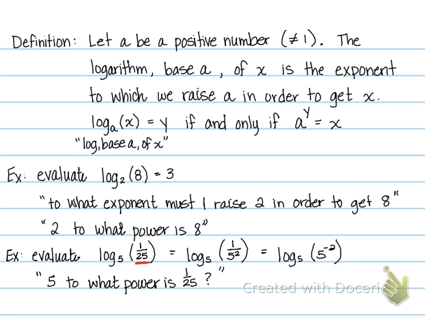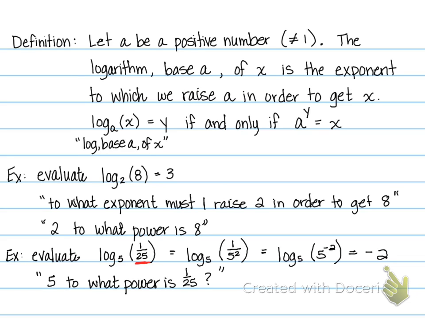So now, to what exponent must I raise 5 to get 5 to the negative 2? Negative 2, right? Don't overthink. You get 5 to the negative 2 by raising 5 to the negative 2 power.